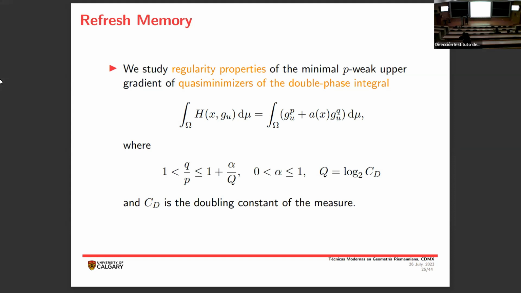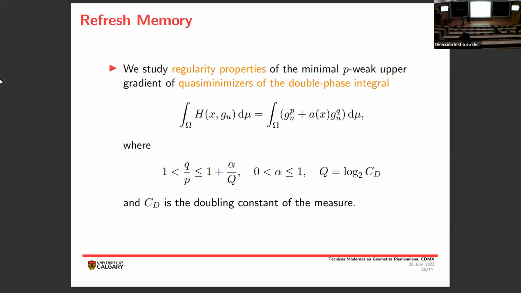And we're gonna work under standard assumptions, right? So again, q and p are going to be bigger than 1 with p less than q. And we are gonna ask for the exponents to be close together. And this closeness property is gonna be in terms of this alpha, which comes from a being Hölder continuous for a certain alpha between 0 and 1.